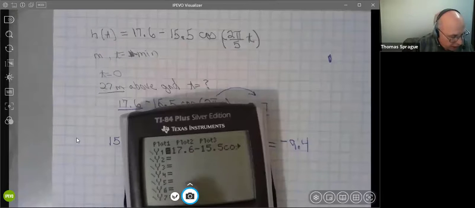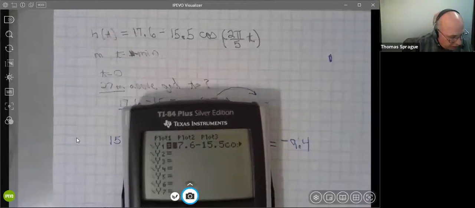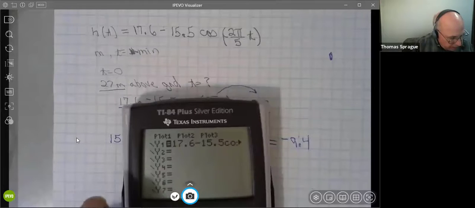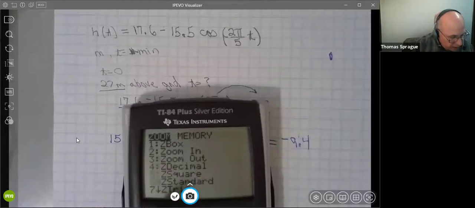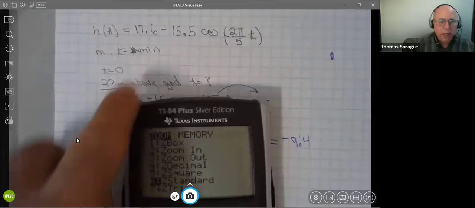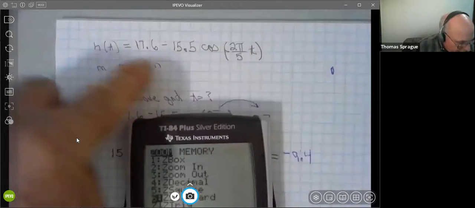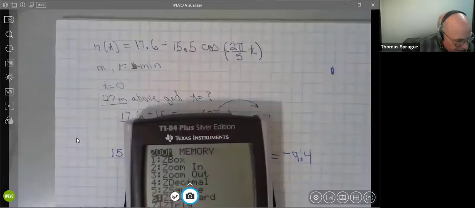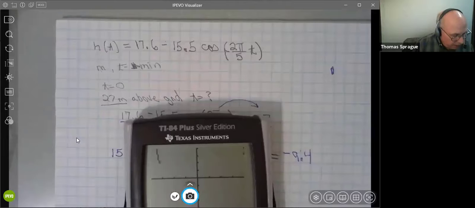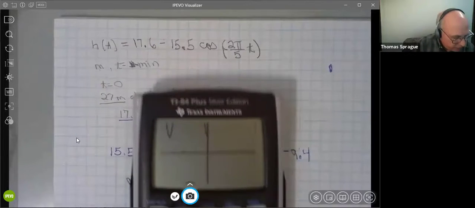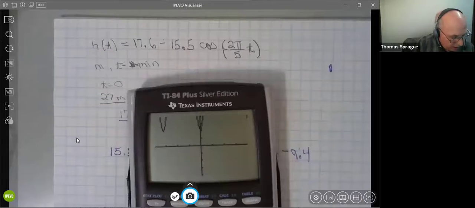Okay, so there's my function. I could just graph this function on the standard trig window, except it's not going to be nearly high enough. But let's start there, and then we'll change it. So I'm going to go to Z-trig, and probably, I do see a little bit. Then I'm going to modify this.